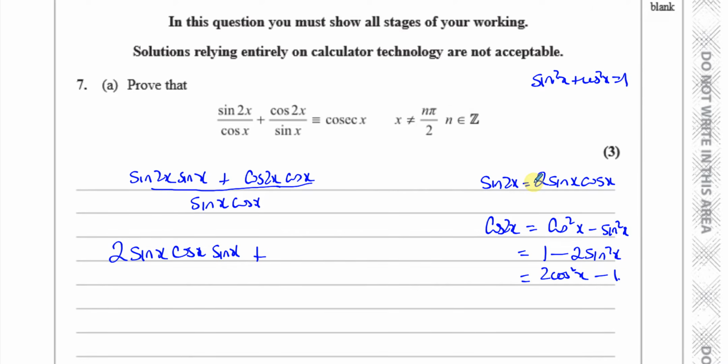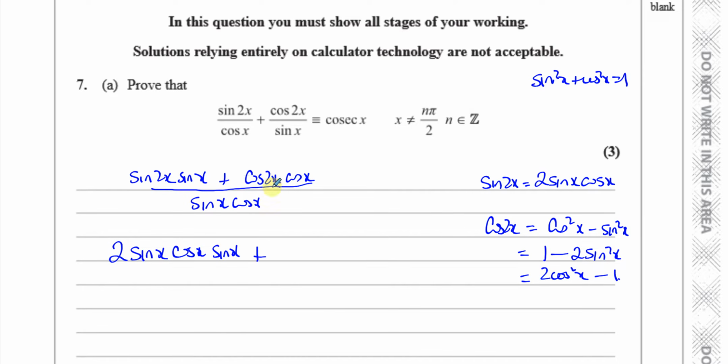Now, because I've got cosine x here and cosine 2x, let's have a look. This is going to be 2 times cosine x times sine squared x.